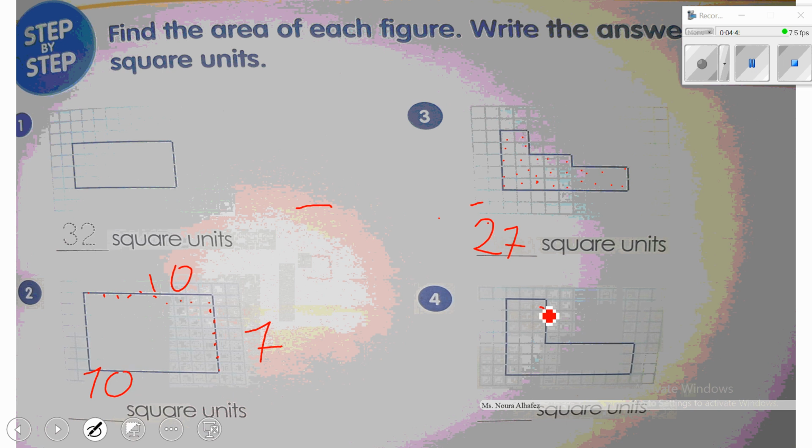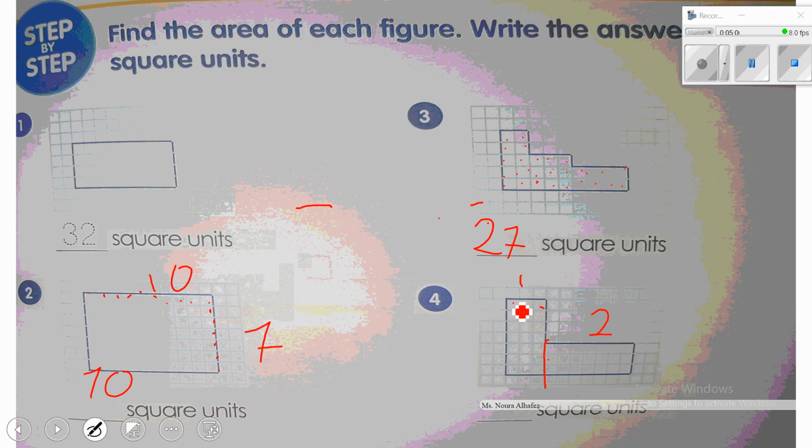Here, before, I divide it into two areas. Here is area number 1 and here is area number 2. Let's find the first rectangle.